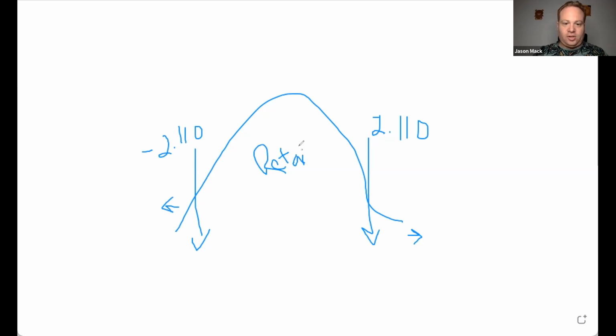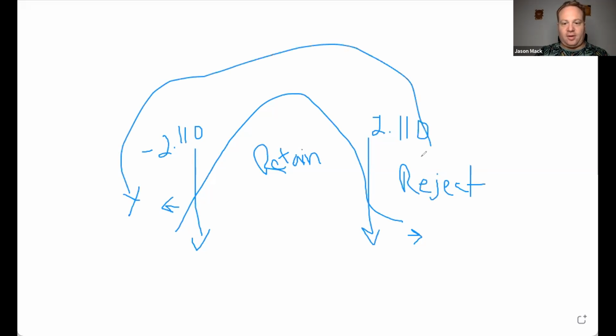And then, of course, here's where we're going to reject. It's the same thing on both sides. So you reject here, and you reject over here too. Both of these are reject, that's retain. That feels pretty clear. Therefore, let's go back to our document here.